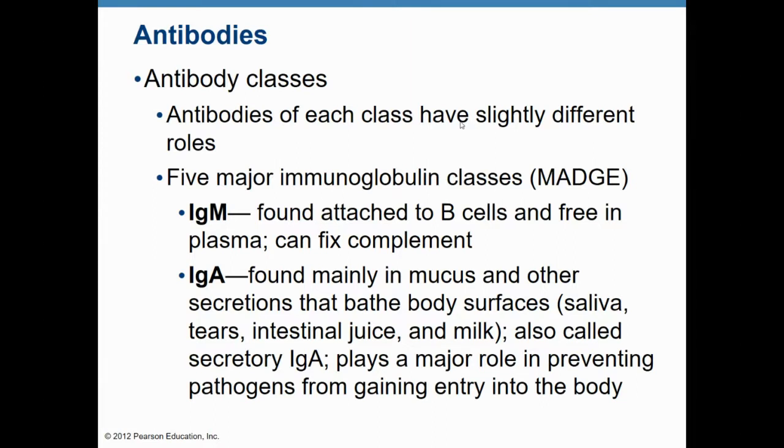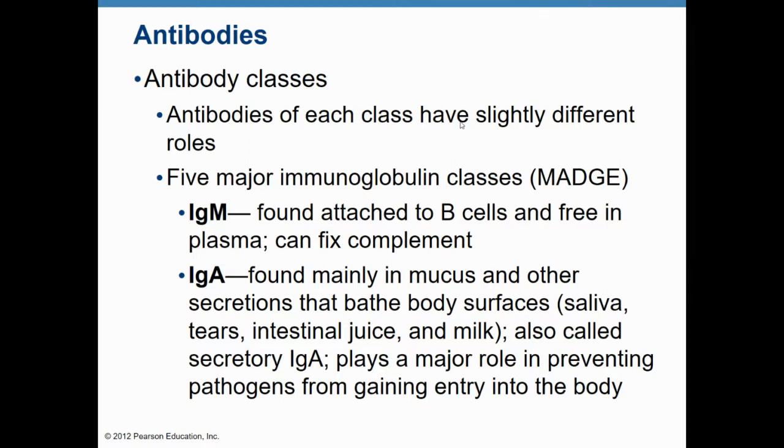Immunoglobulin M is going to be found attached to a B cell, so it can function as a B cell receptor, or it can be found free in the plasma. And when it's found in the plasma, it's one of those components that can fix complement, kind of start that complement cascade reaction we talked about.